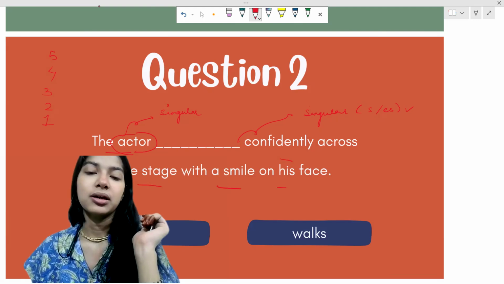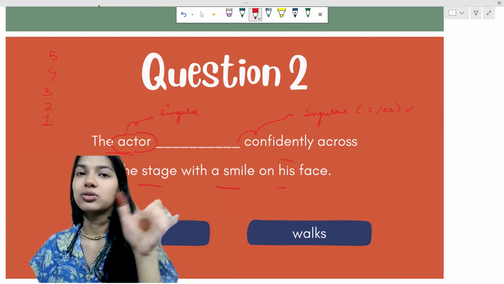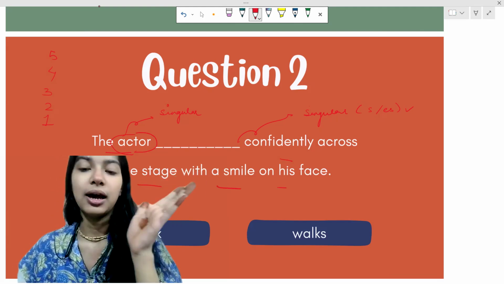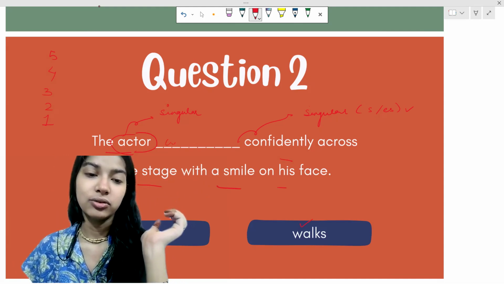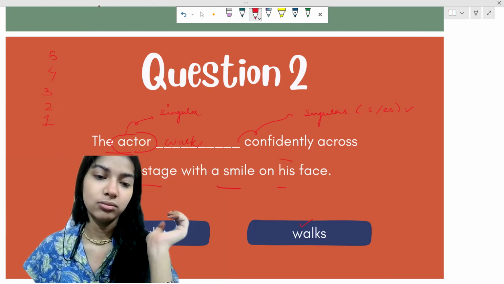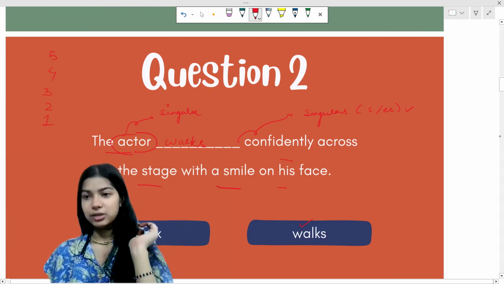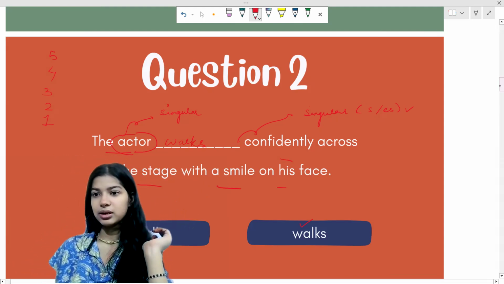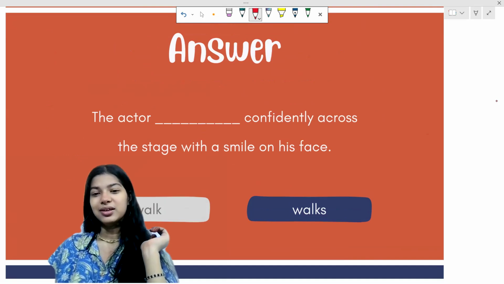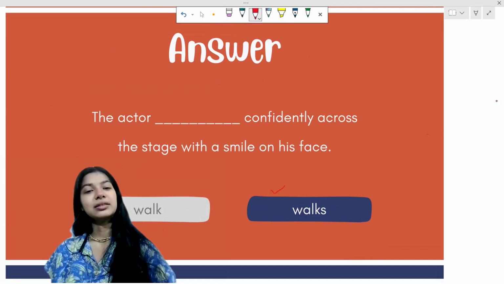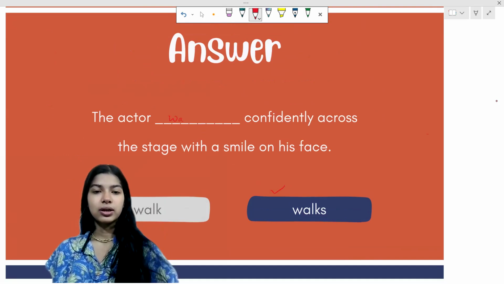We can't say walk because there is no s or es, so that can't be the answer. Walks has an s and is also singular, so walks. Is that our answer, correct or not? Walks. Very good. So here we are done with the answer. Walks. Okay, kids.